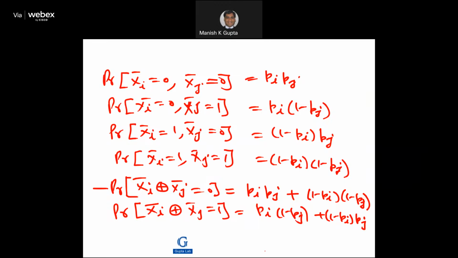The probability that xi is equal to 0 and xj is equal to 1 is pi times 1 minus pj. The probability that xi bar is equal to 1 and xj bar is equal to 0 is 1 minus pi times pj. Similarly, when both are 1, it is the product of 1 minus pi and 1 minus pj, right? From the previous slide.